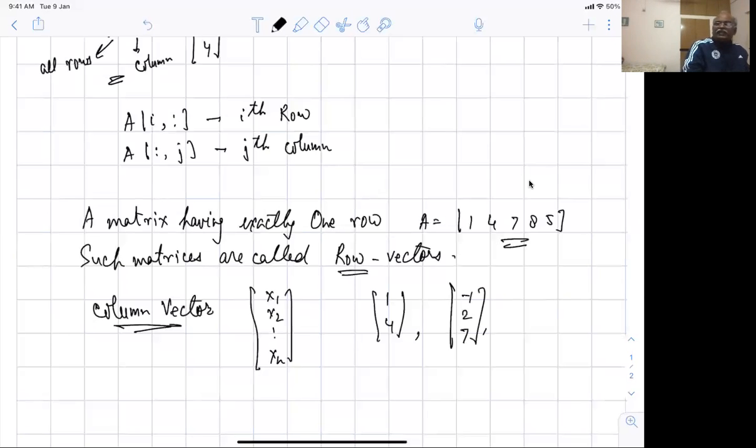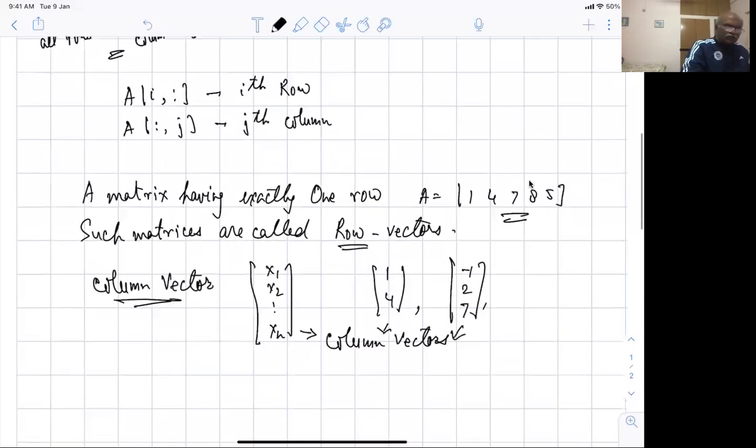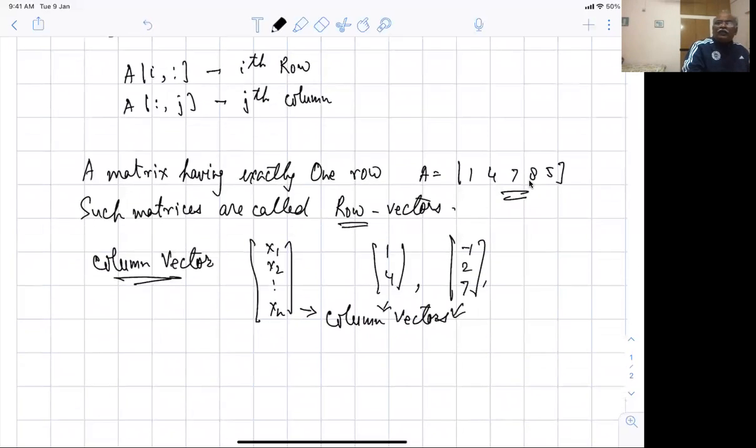We are not saying what the size is, but these are all column vectors. All right. Fine. So this is what you have to be careful about. Column vectors are always a column, meaning there is only one column. There are many rows. The number of rows, we do not know how many they are.